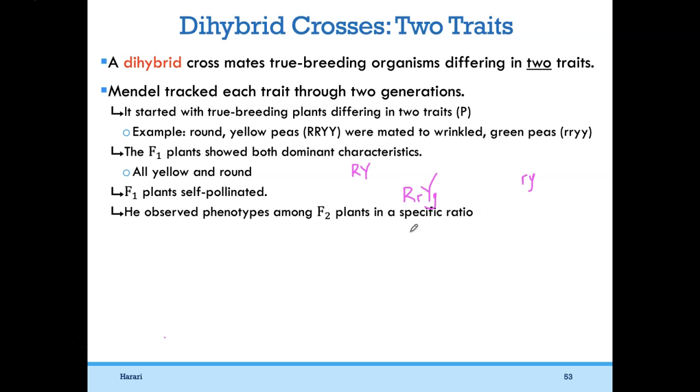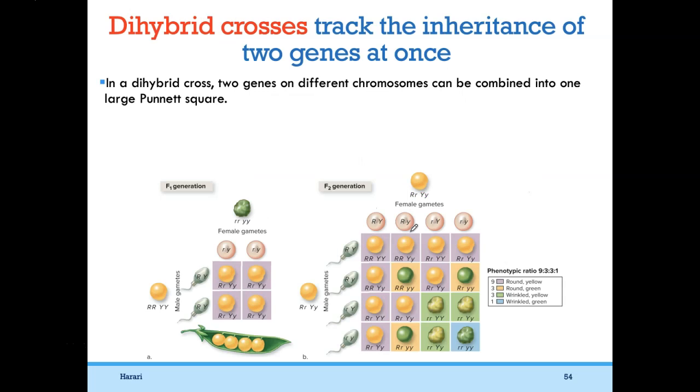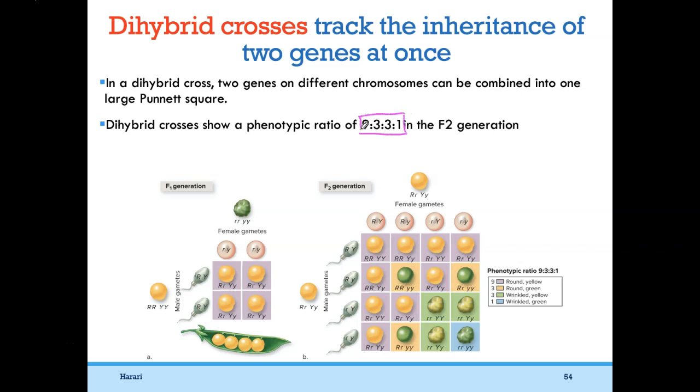So whenever you do a dihybrid cross, there's a very specific ratio of phenotypes. And what a dihybrid cross is doing is essentially combining two different Punnett squares together. So a dihybrid cross shows a phenotypic ratio of 9 to 3 to 3 to 1 in the F2 generation.